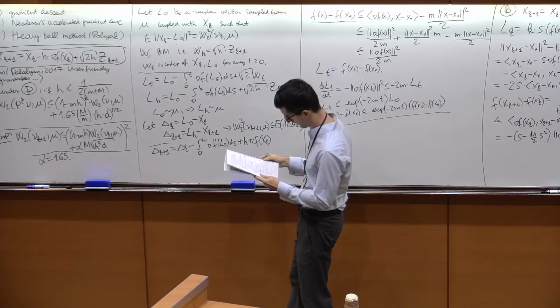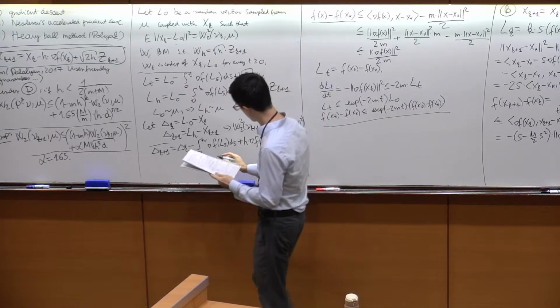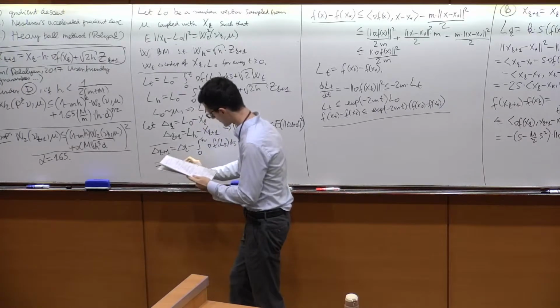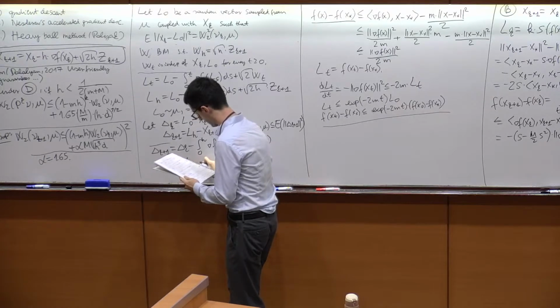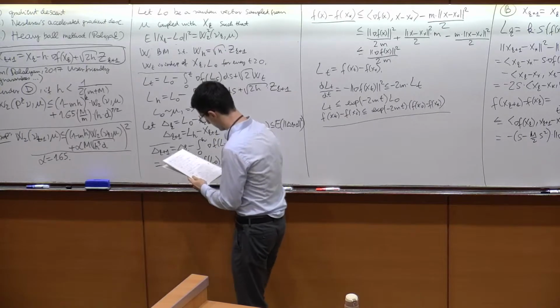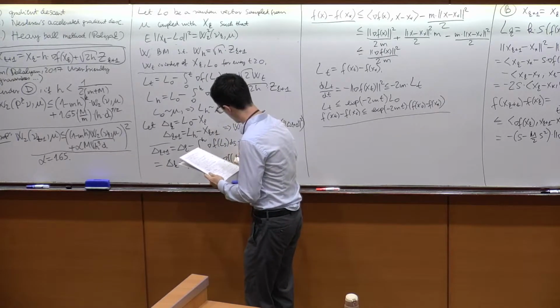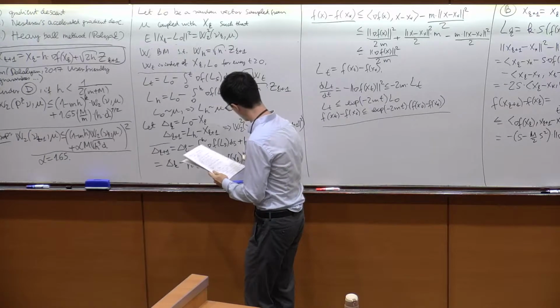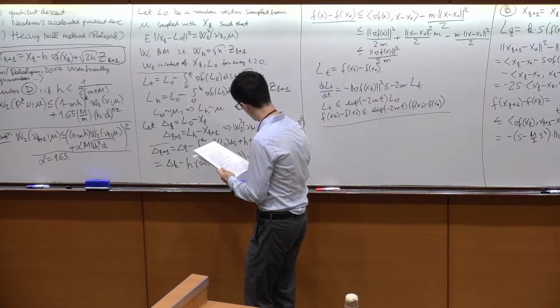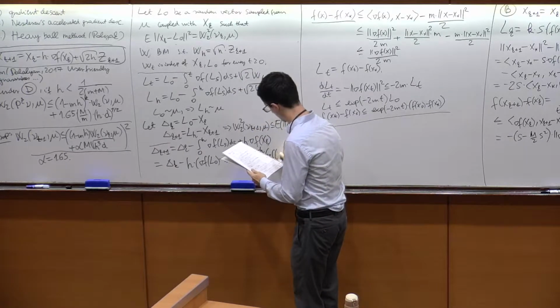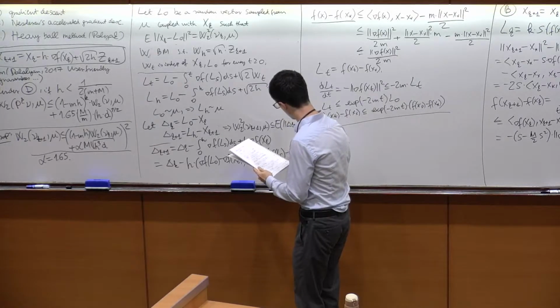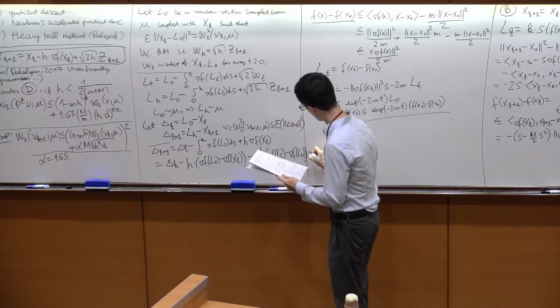Now this can be further written as delta_k minus h times (gradient f(L_0) minus gradient f(x_k)) minus the integral from 0 to h of (gradient f(L_s) minus gradient f(L_0)) ds.